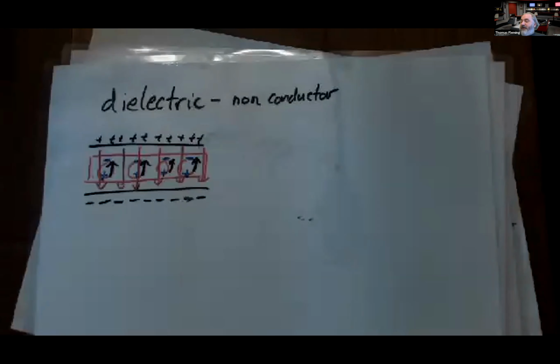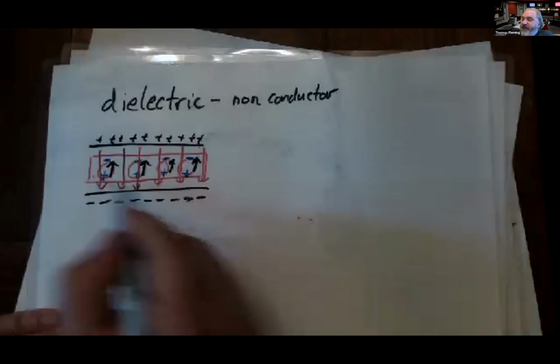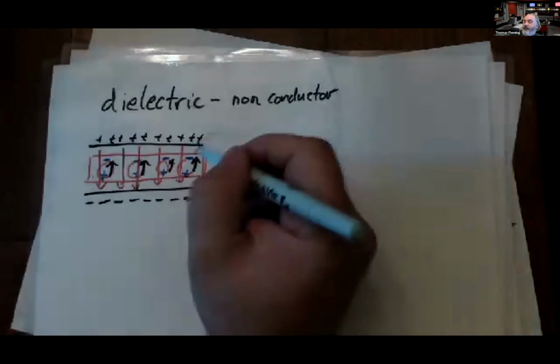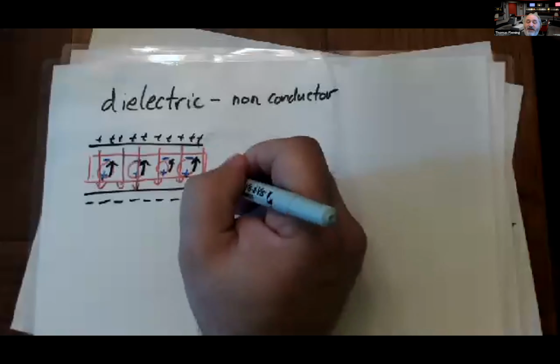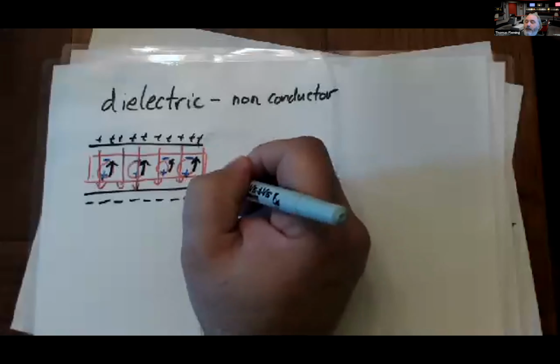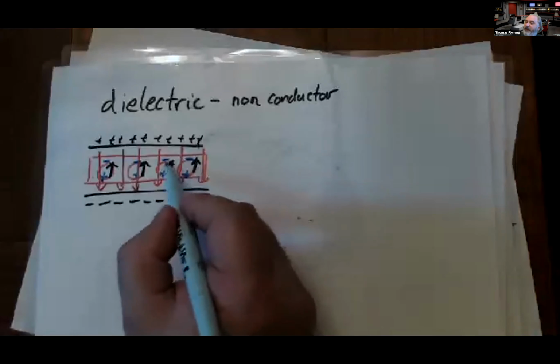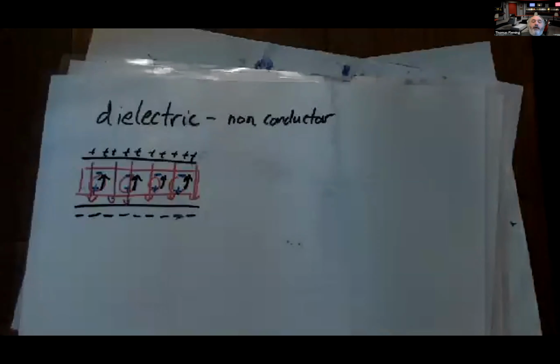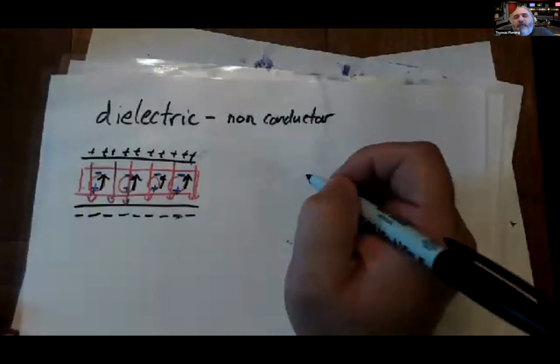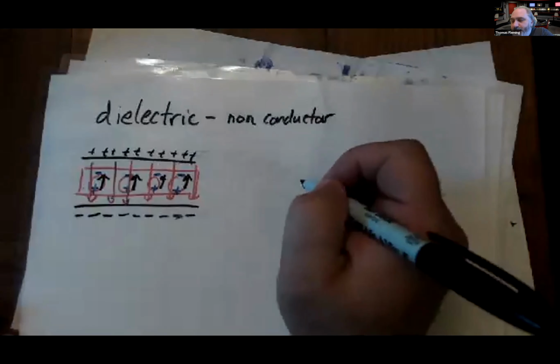So the electric field in this gap is going to have the regular electric field that you would have had if there was no dielectric, minus this tiny little electric field created by the polarization. And so the size of the electric field inside those plates is going to be a little bit smaller than it otherwise would have been.